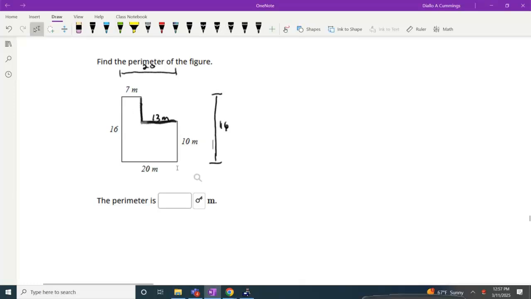If this side is 10 meters, then this other vertical piece would have to equal what to give us 16 meters? 6. So now we have all of our side lengths.